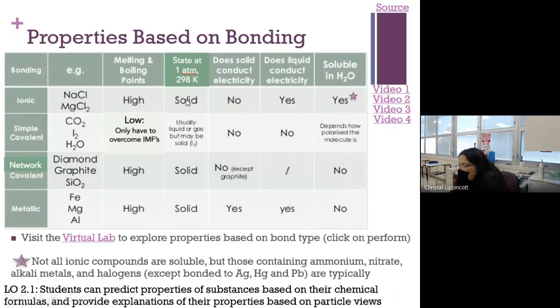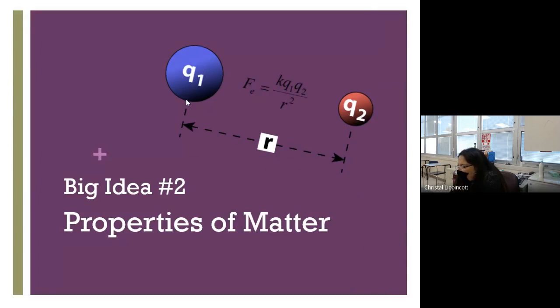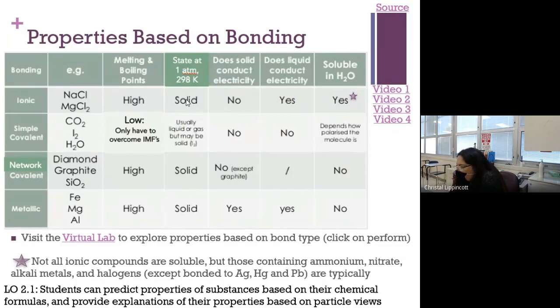All right, big idea 2 dealt with different types of bonding. This is still arranged in big ideas, but most of the material is still the same. And by now you guys know everything, so I can go back to the big idea concepts. Ionic compounds, remember, are your metal and non-metal bonded together.